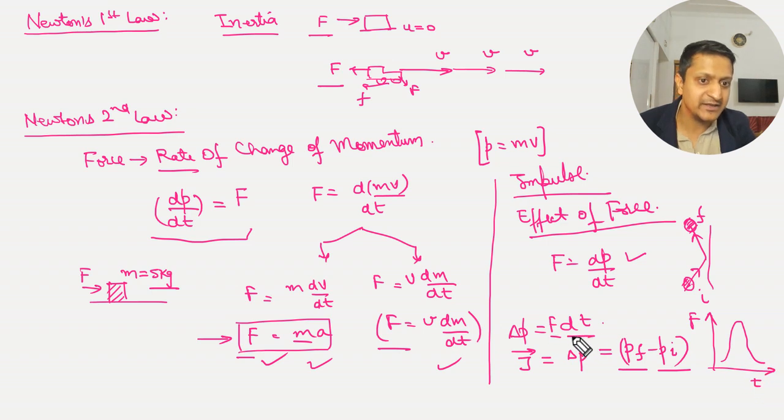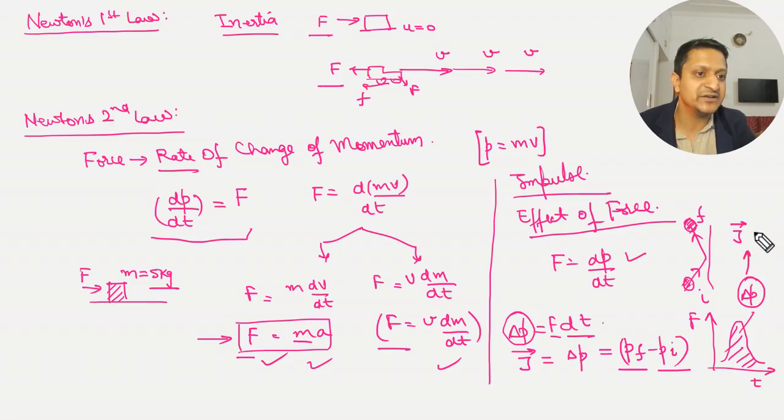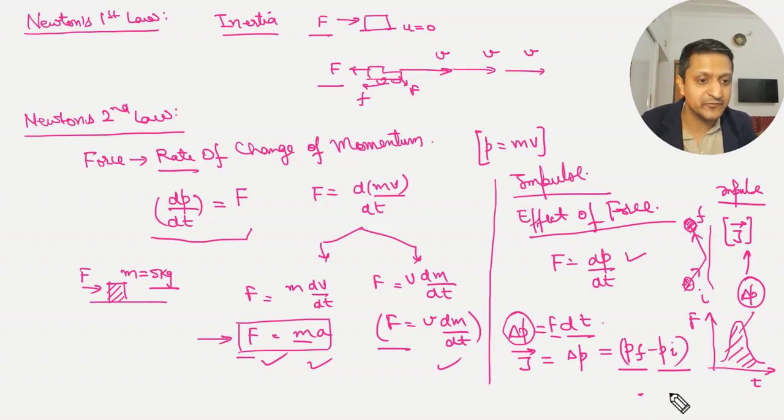The area under the curve will tell you delta p, which is the J vector, that is impulse. So to calculate impulse, you need to calculate the area under the curve of the F-t graph, that is the force-time graph.